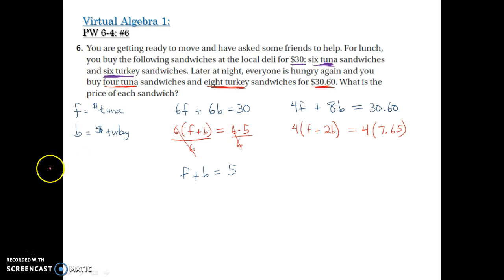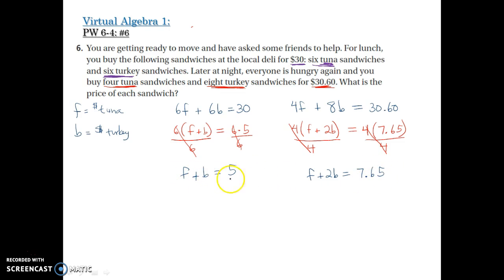So now we can divide both sides by 4. And my equivalent equation is F plus 2B equals $7.65.